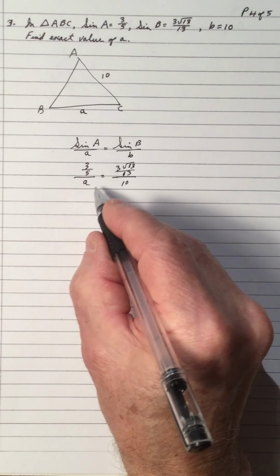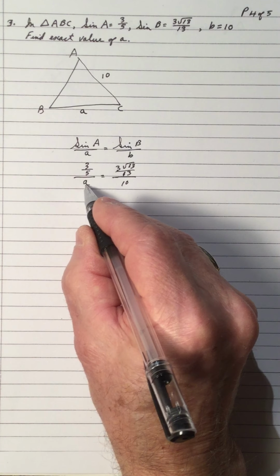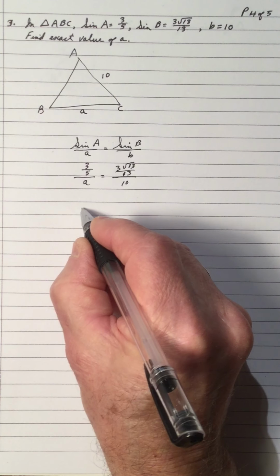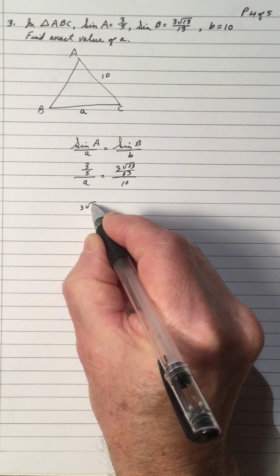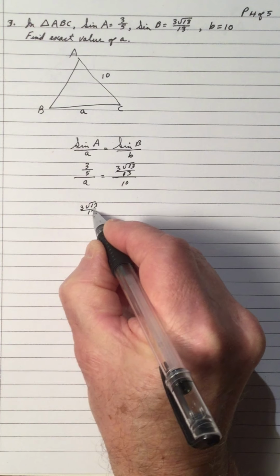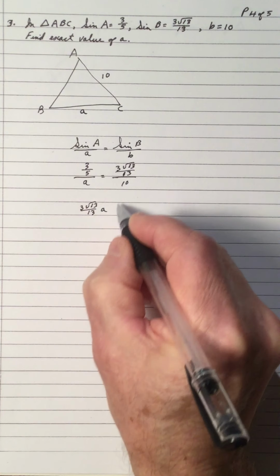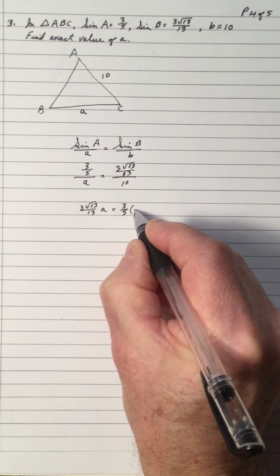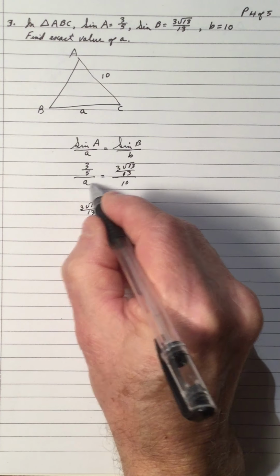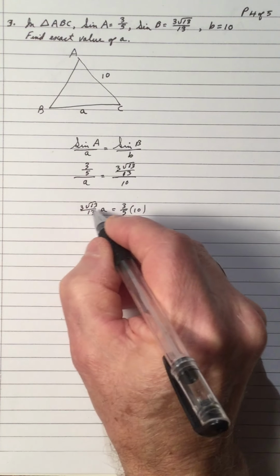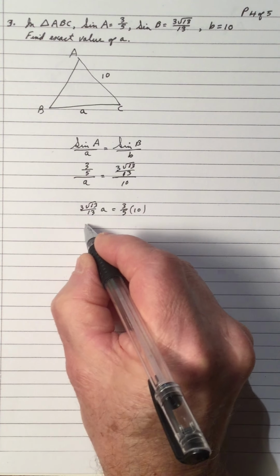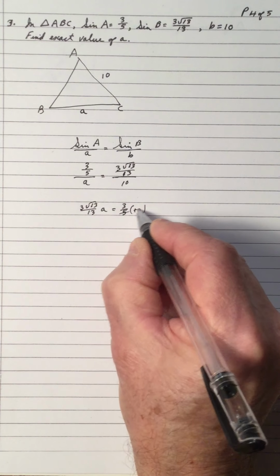So let's cross multiply. So the unknown is here, A. So let's go 3 root 13 over 13 times A. And we have 3/5 times 10. So I cross multiplied this first and this second because I want my variable to be on the left side. So to simplify that, I can divide.